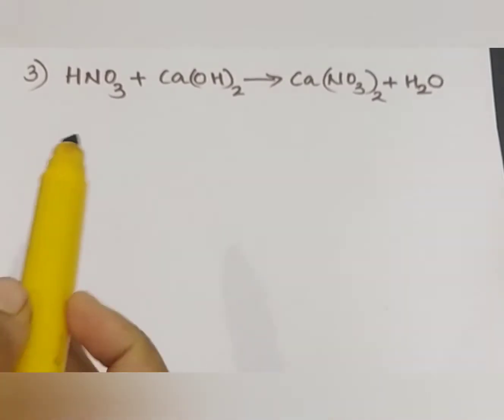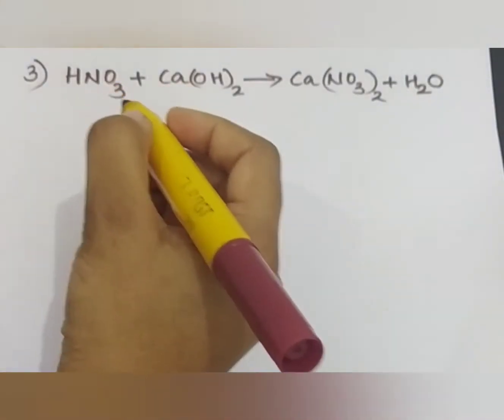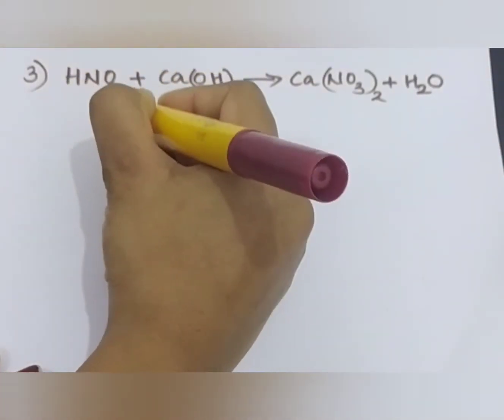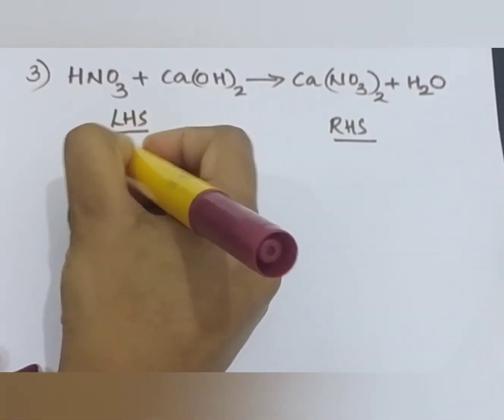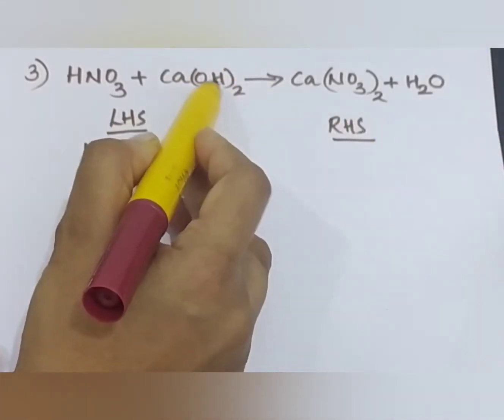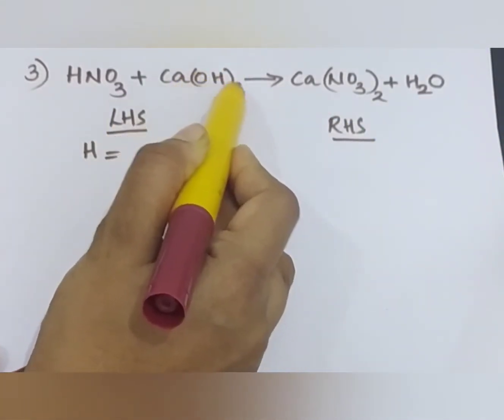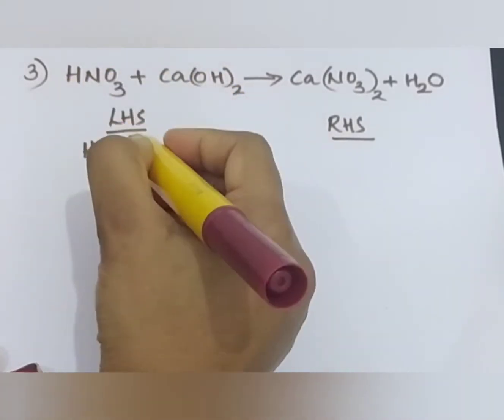Now we move on to the third question. HNO3 plus Ca(OH)2 gives Ca(NO3)2 plus water. So LHS and RHS. It's an important question. So hydrogen, it's OH twice there, and here hydrogen is 1. So hydrogen there it is 2 plus 1, so it becomes 3.